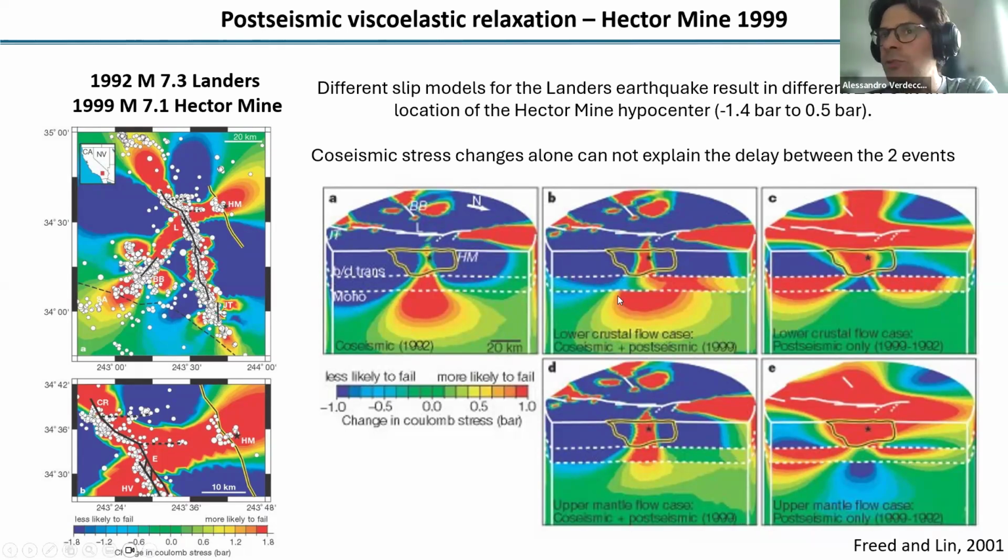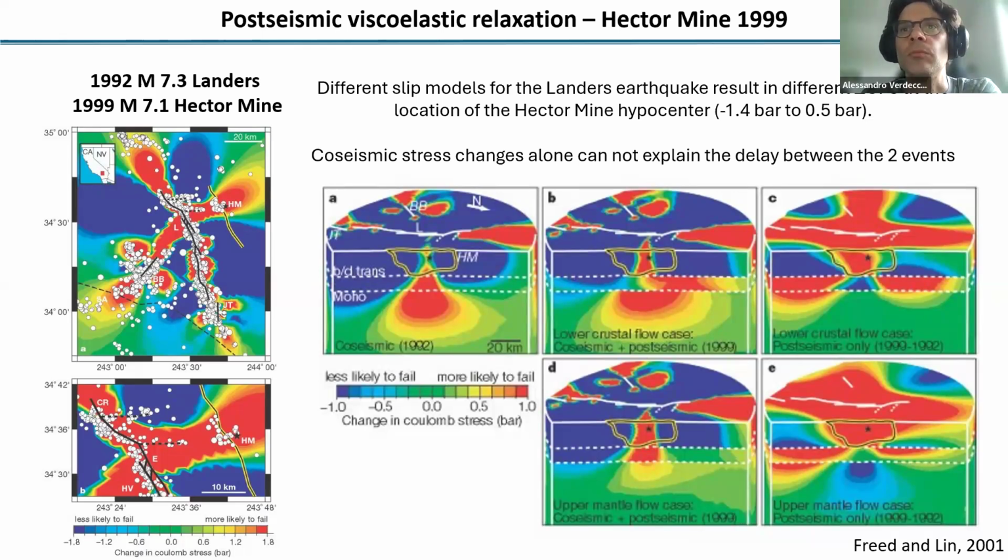However, if we take into account 7 years of viscoelastic relaxation, in this case coseismic plus postseismic, in this case postseismic only, up and down are two different kinds of models. The model up is with a viscous lower crust. The model down is with the viscous upper mantle. In any case, both models show that postseismic stress changes increased and brought the fault responsible for the Hector Mine earthquake closer to failure.